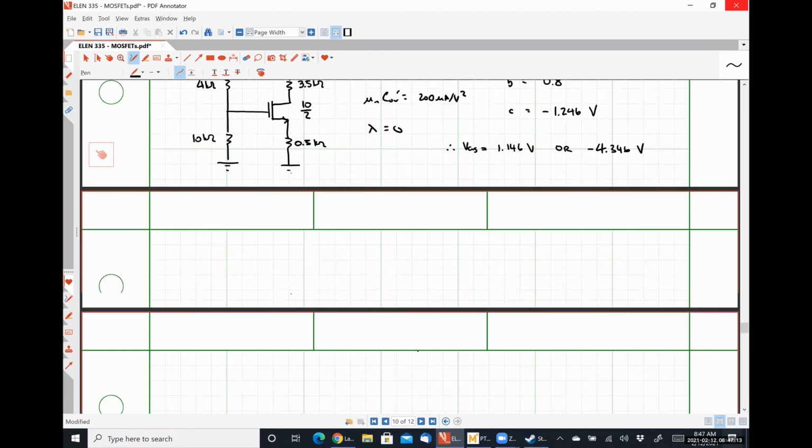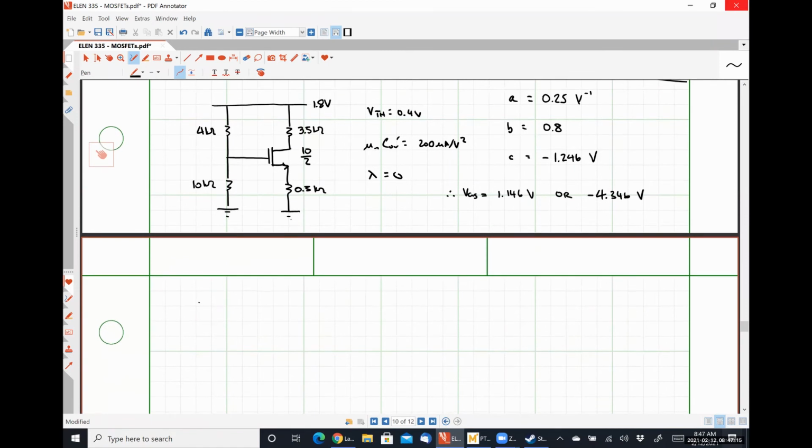So in this case, ID will be 1/2 mu n Cox W over L, or 5 times 10 to the minus 4, as Vitaly pointed out, times VGS minus VTH quantity squared, and that is equal to 278.576 microamps, which seems like a reasonable-ish number.